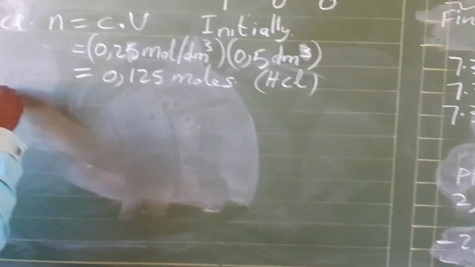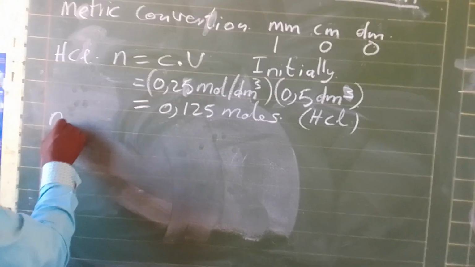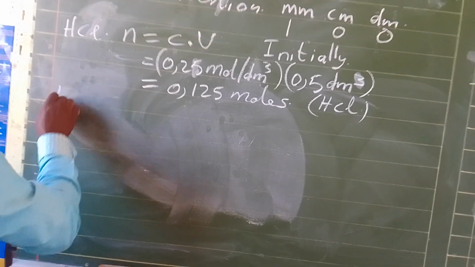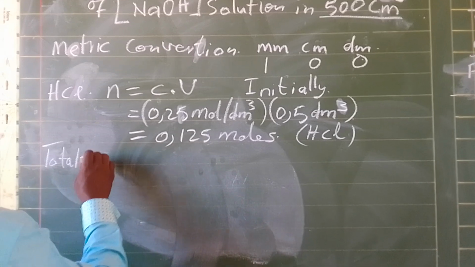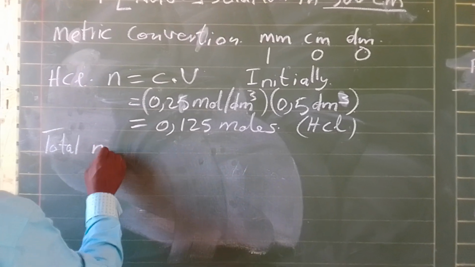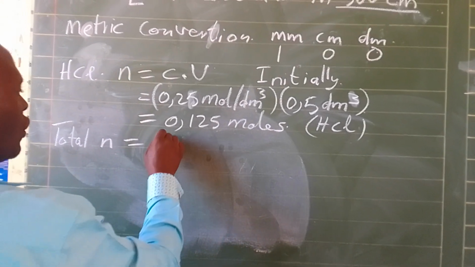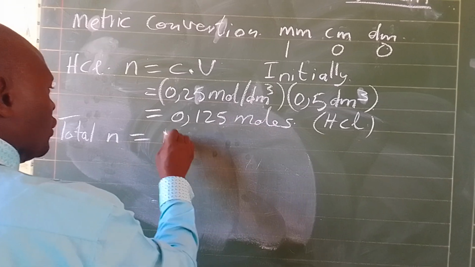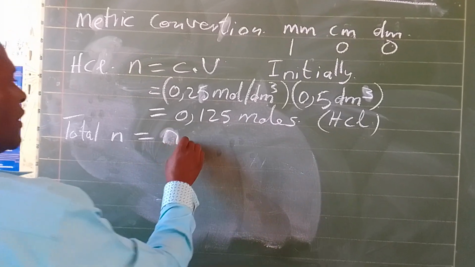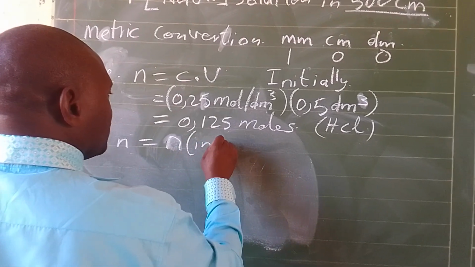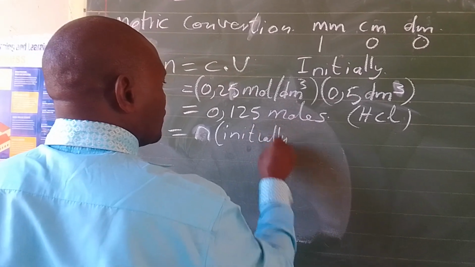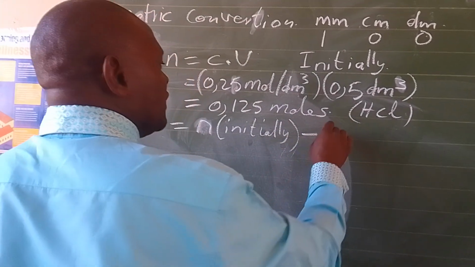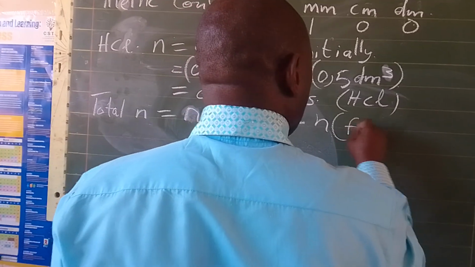Now, the total number of moles equals the number of moles initially subtract the number of moles final.